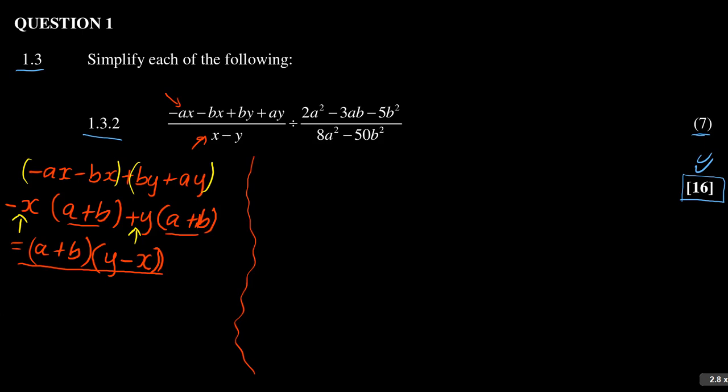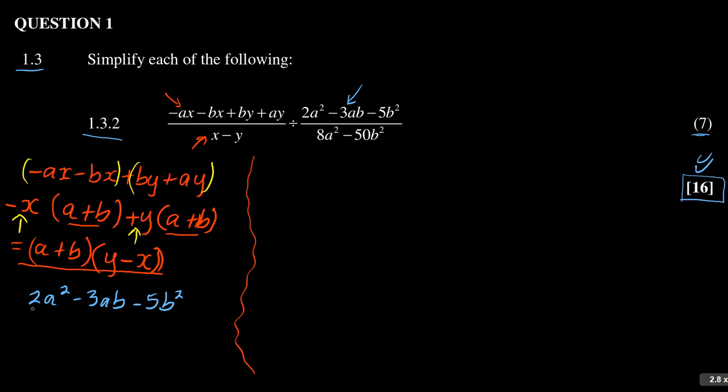Let us go on to look at the next part, which is the numerator of the next fraction, and we are given 2a squared minus 3ab minus 5b squared, and you are supposed to factorize. Now do not let the ab and the b squared confuse you.